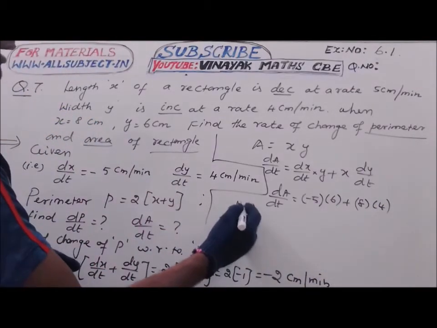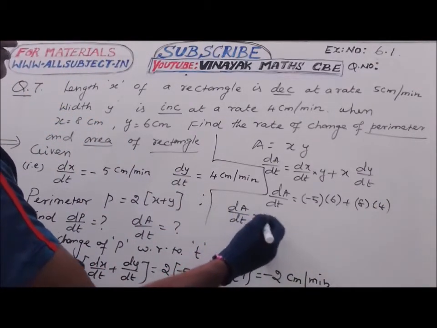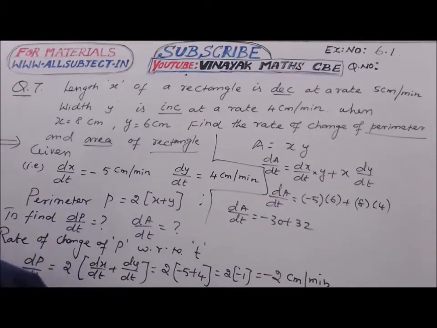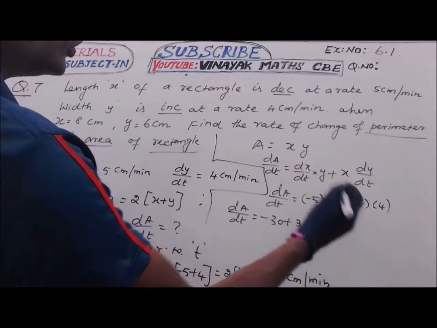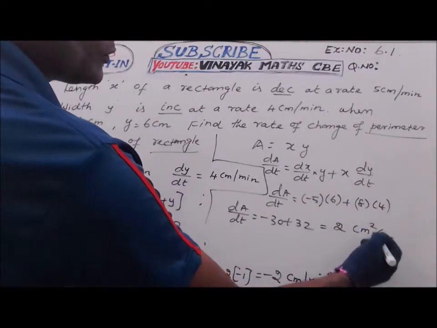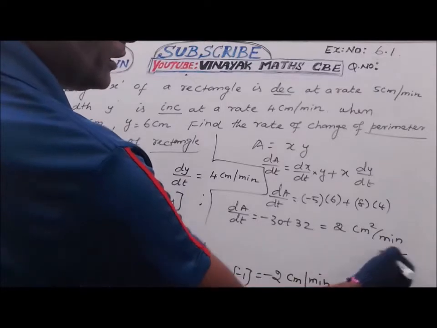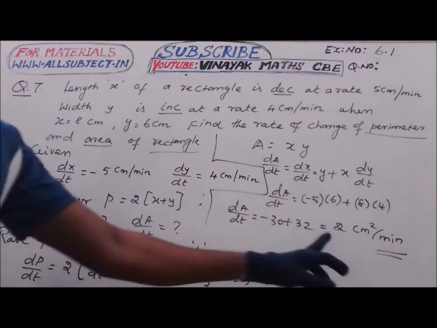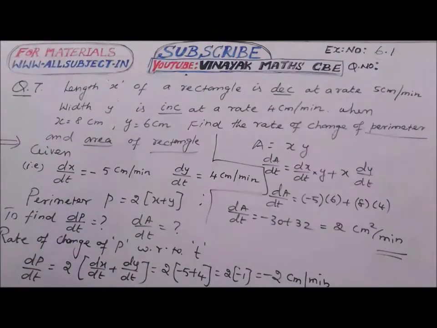Simplifying it, we have dA by dt equal to minus 30 plus 32, which is equal to 2. Area means square unit, so centimeter square per minute. So the rate of change of area is 2 centimeter square per minute, and the rate of change of the perimeter is minus 2, decreasing at the rate of 2 centimeter per minute. Here area is increasing, perimeter is decreasing.